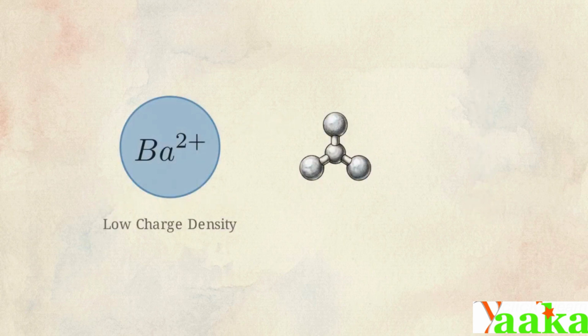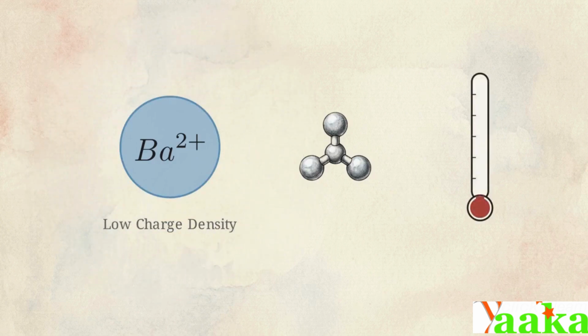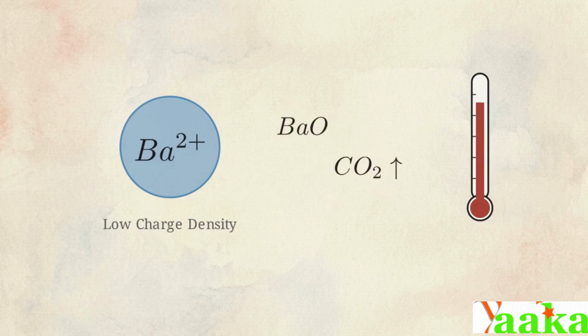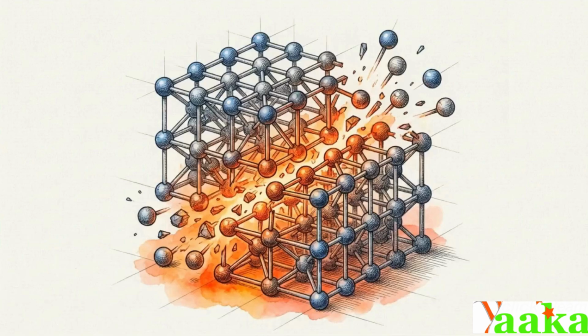Barium sits lower in the group. The barium ion is much larger, resulting in a lower charge density. It polarizes the carbonate anion much less, leaving the internal bonds intact and requiring significantly more heat to break the compound down.